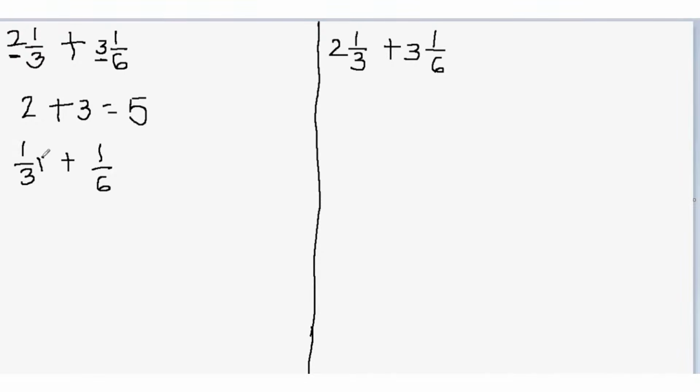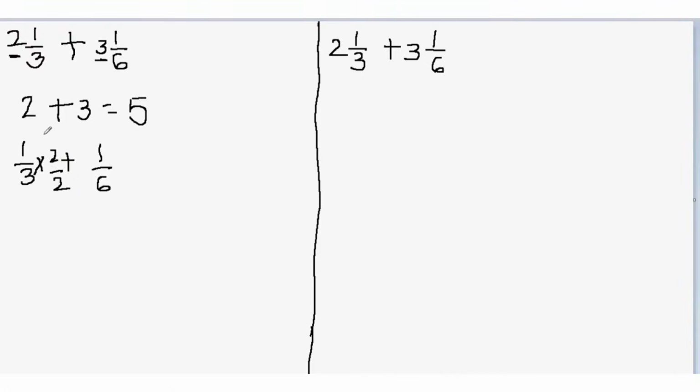I can multiply this fraction by 2/2. Now you see that I have multiplied this fraction by 2 in the numerator and the denominator. Why did I do that? Because I just multiplied 1/3 by 1, since 2/2 is also equal to 1.